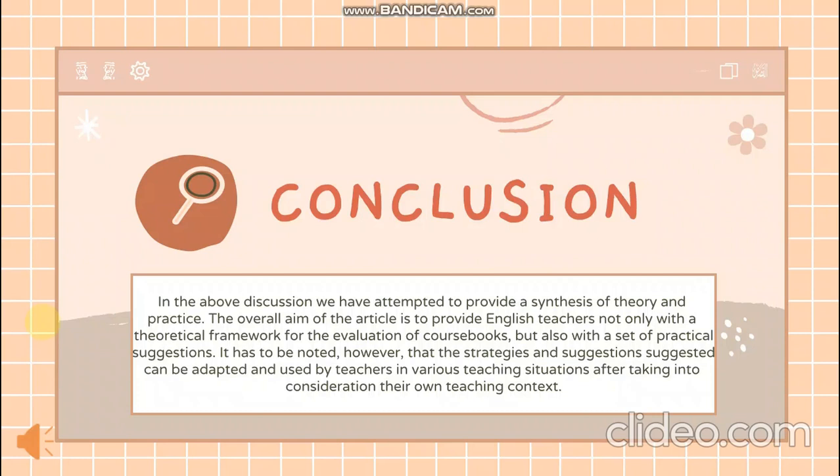It has to be noted, however, that the strategies and suggestions can be adapted and used by teachers in various teaching situations after taking into consideration their own teaching context.